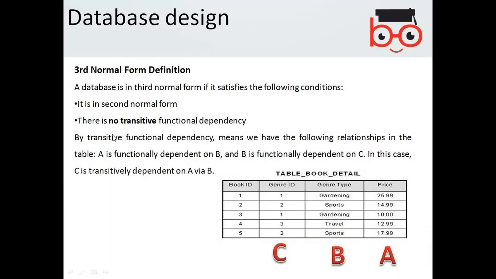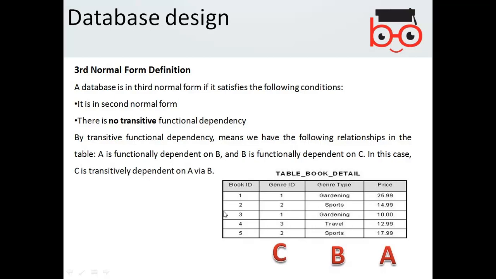In the third normal form, it says that it should be in the second normal form, and there are no transitive functional dependencies. Transitive functional dependency means we have the following relationship in the table. For example, A is functionally dependent on B. Now look at this: the price is dependent on the genre type, and B is functionally dependent on C. Genre type has an ID.